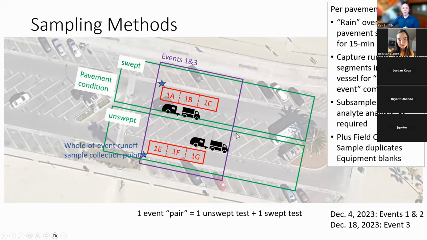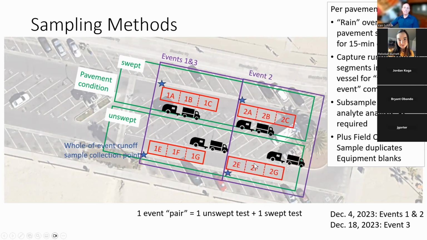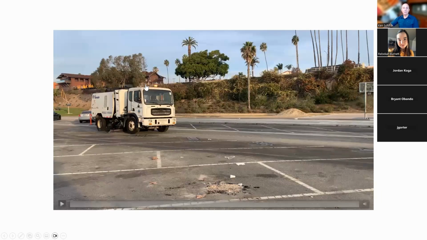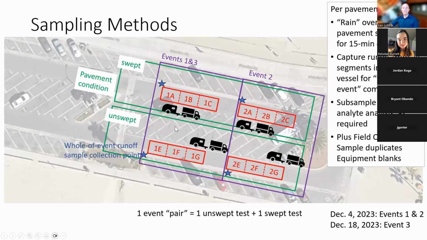We did it twice, once on December 4th in this portion of the parking lot, and then a second time later in December in this portion of the parking lot. So summarizing again, you rain for 45 minutes, 15 minutes in each of these spots, collect this whole event composite, one on swept and one on unswept, and we do that 3 different times.